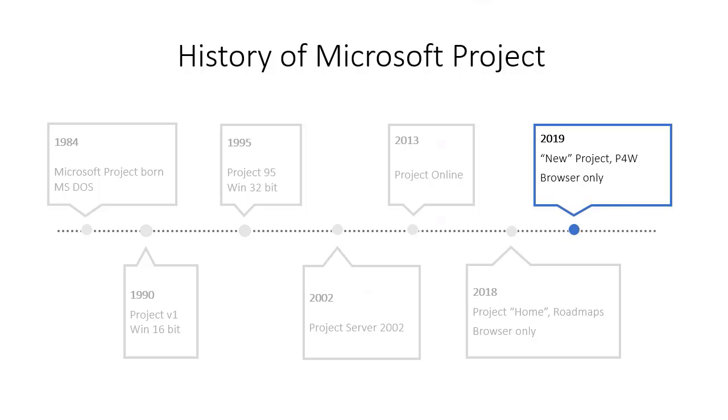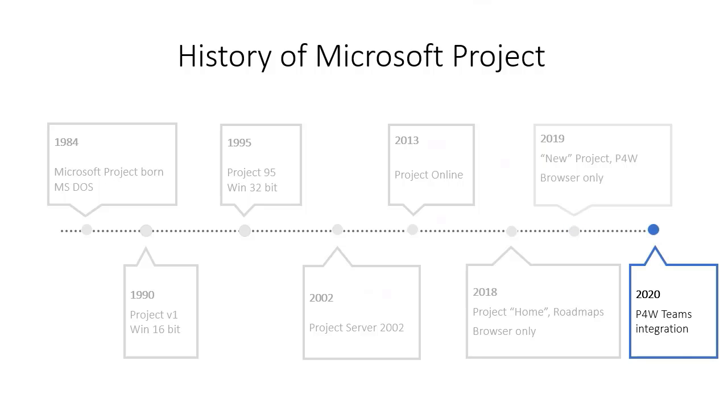In 2019, Microsoft released the new project, which we call Project for the Web. And then very recently, within the last 2-3 weeks, we've got Teams integration for both Project for the Web and Roadmap.